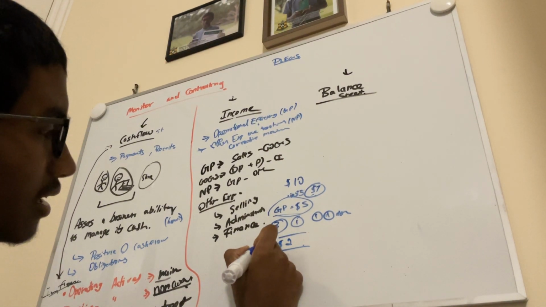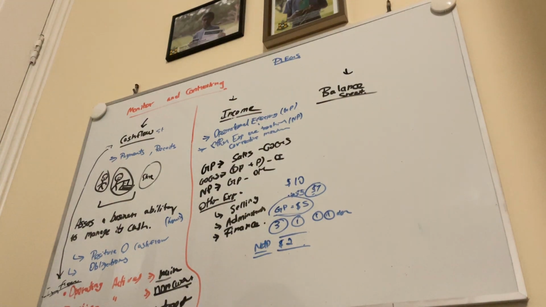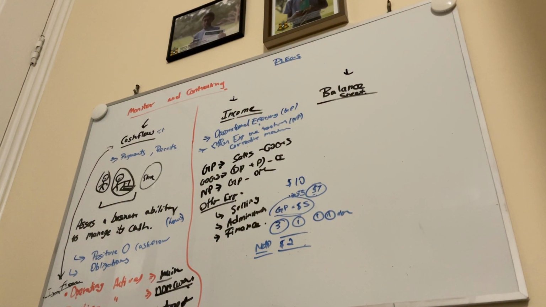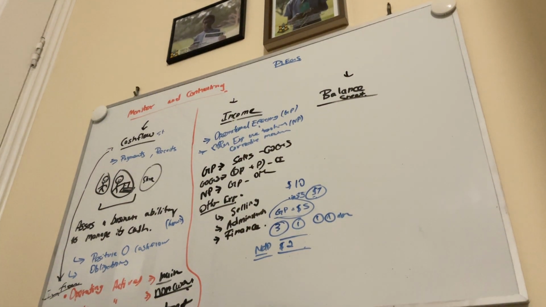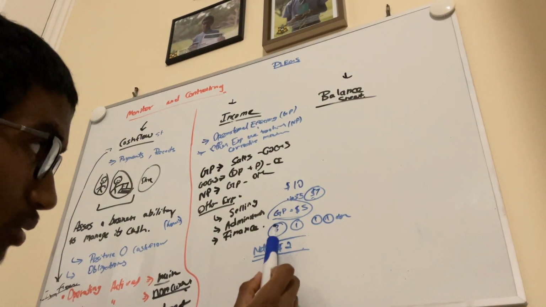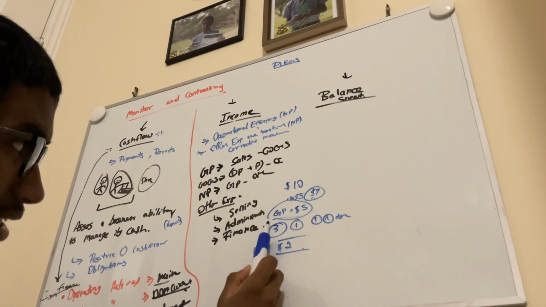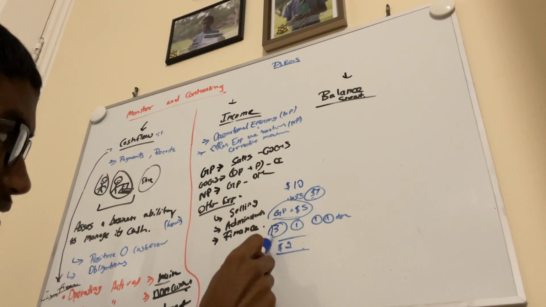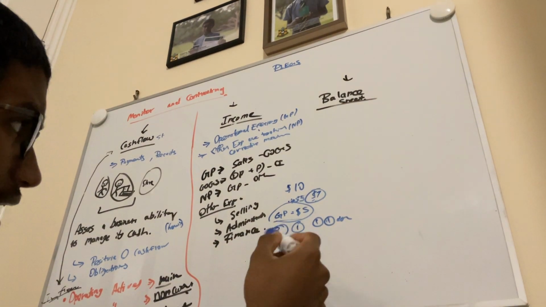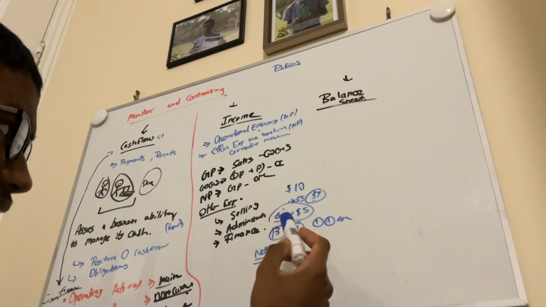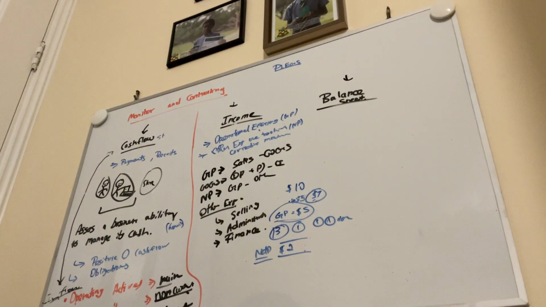That is net profit. And what does this net profit represent? If this figure, instead of 3, is like 13, it's representing that your other expenses are way too high. It's highlighting that.